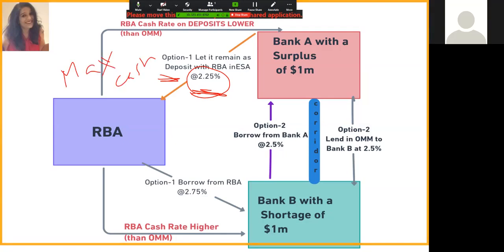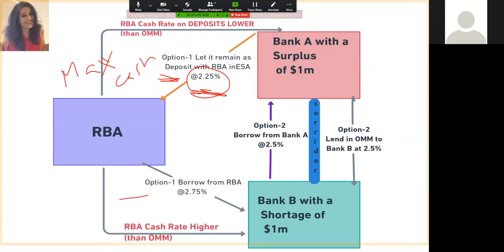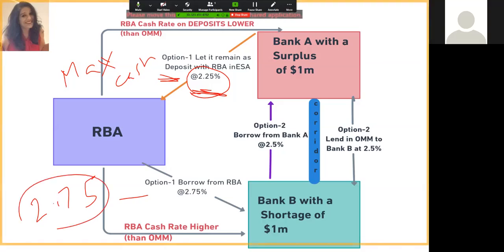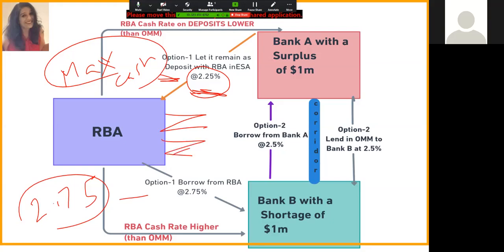It says no more than. I will not give more than 2.25 as the cash rate. And then here, if you look at it, we will not take any less than. So no less than. So this is your minimum price. The minimum interest, maximum interest. And naturally, if anyone gets a better deal in between, they would be interested in it. So this is where the interest rate corridor has come in.